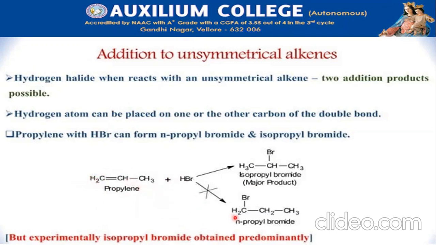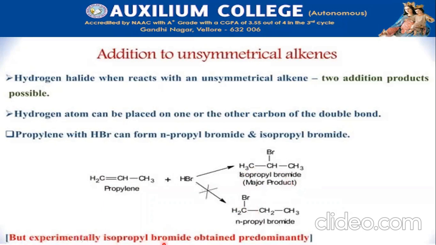In this case, two addition products are possible. The hydrogen atom can be placed on one or the other carbon of the double bond. Propylene is added with HBr to form n-propyl bromide as well as isopropyl bromide.